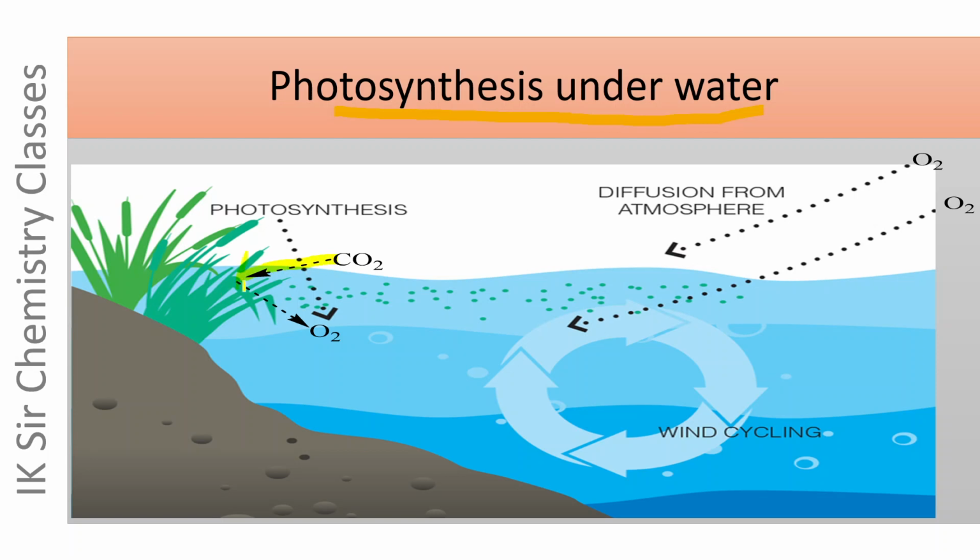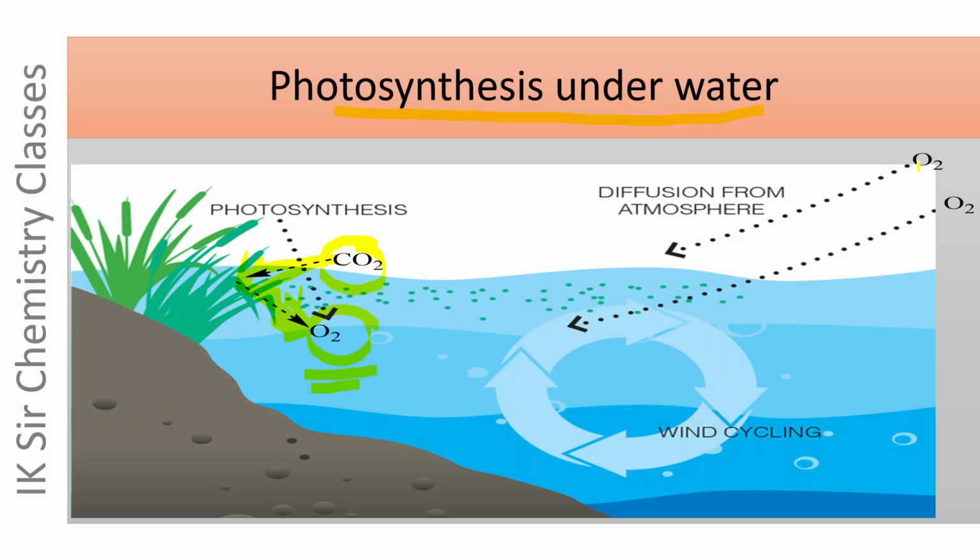During photosynthesis by underwater green plants, CO2 gas is assimilated and O2 gas is released to water, which dissolves in water to some extent and contributes to dissolved oxygen.